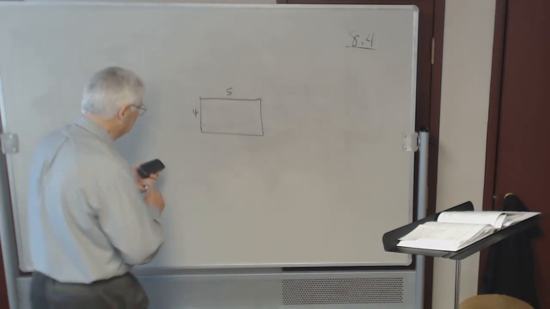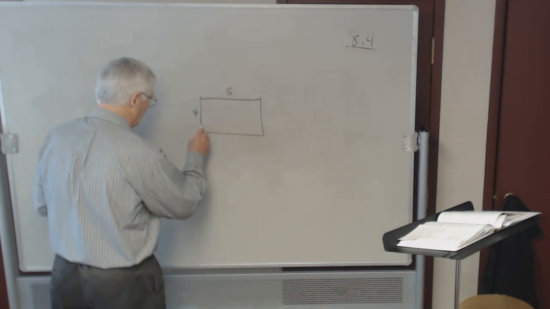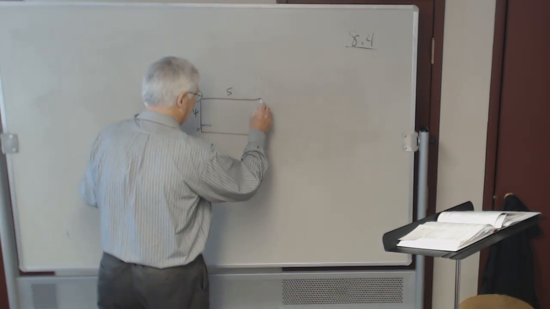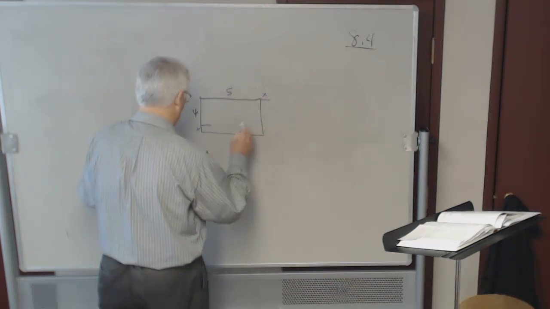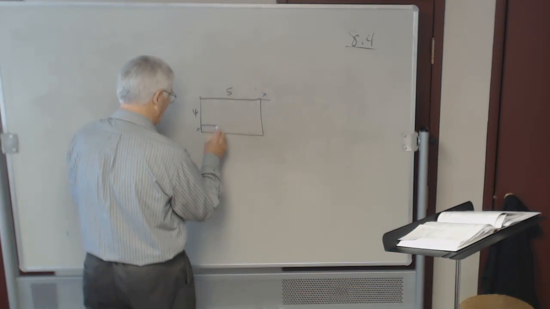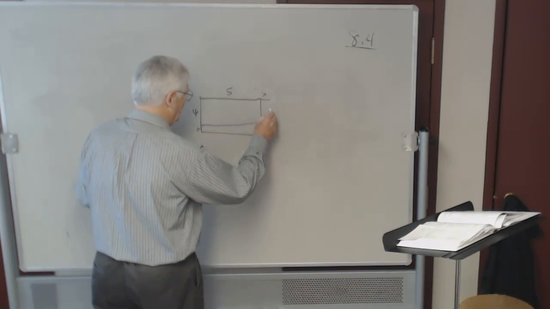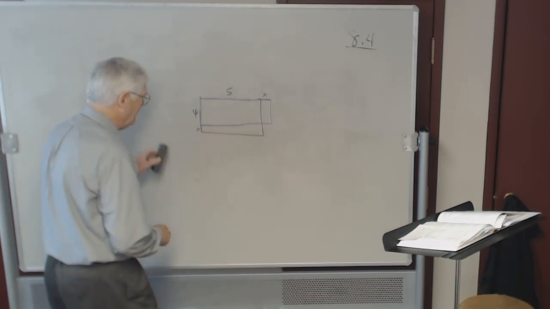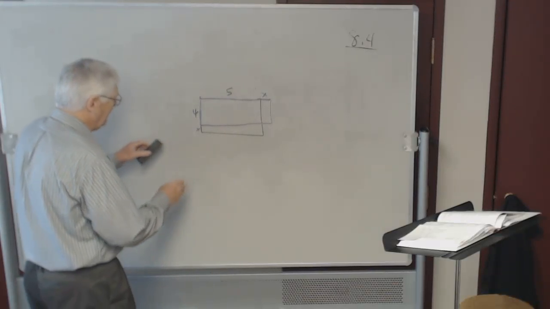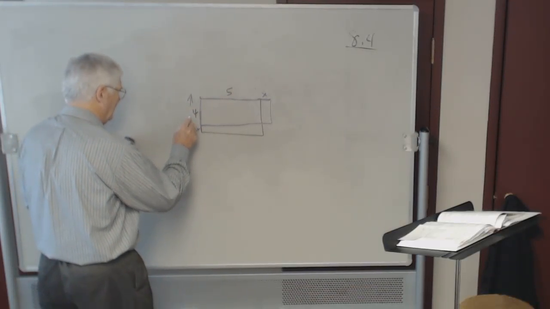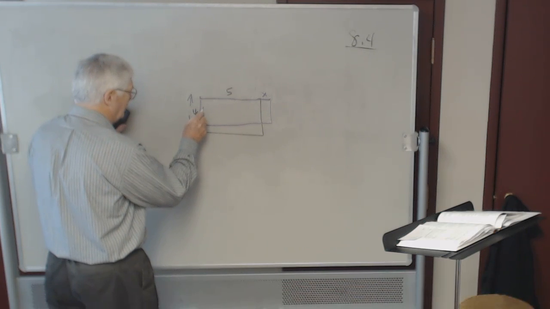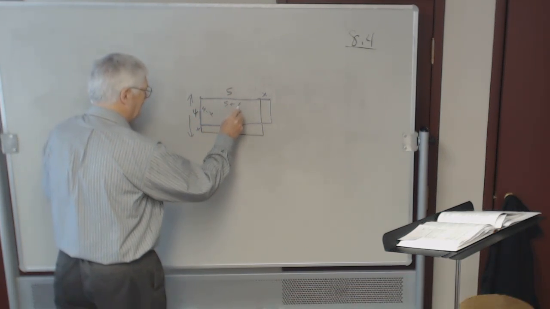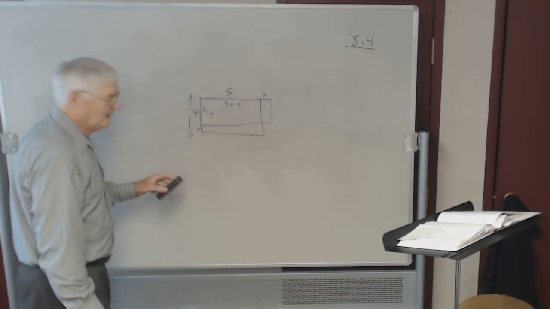He wants to decrease this by X and increase this by X. So he wants a new table that's this long. Follow that? If this whole thing was 4, then this is 4 minus X, and this is 5 plus X. You follow that?